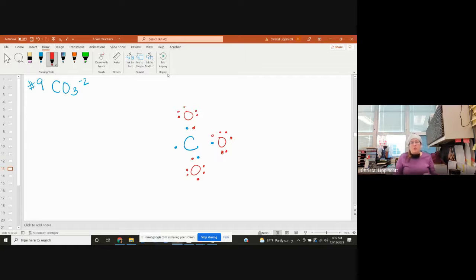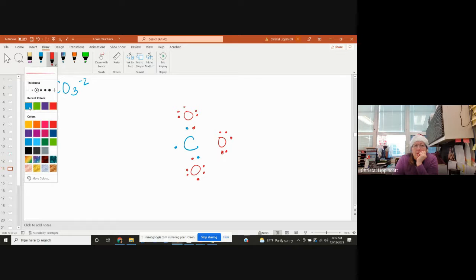All right. I hope you're doing this in pencil. All right. So I have to be able to get this up to 8. Right now, this carbon is only at 7. Okay. So what I'm going to do is I'm going to take these 2 electrons away, and I'm just going to represent them with a bond.